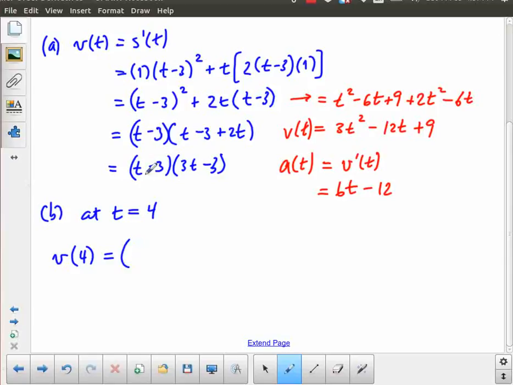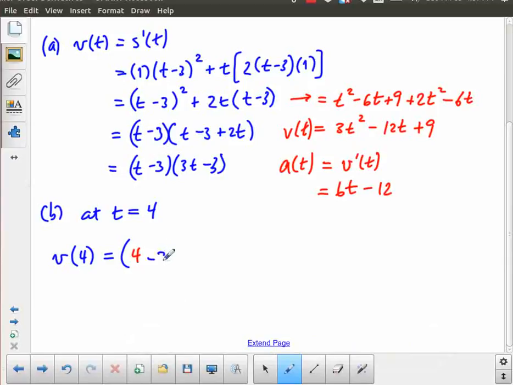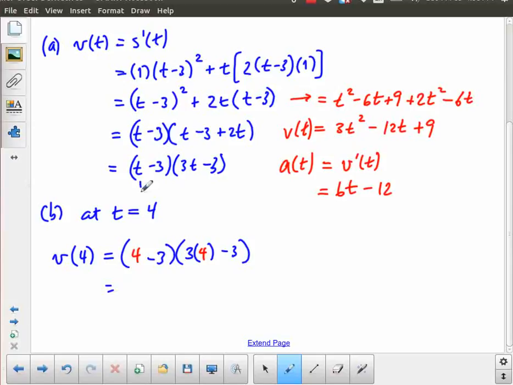And that is equal to, and I'm just going to replace this t with 4 minus 3, and then it's going to be 3, but again I'm going to replace that with a 4. And these are just these values of t right here that I've replaced. And so I end up with 1 in that first bracket. 3 times 4 is 12, minus 3 is 9, so I end up with 9.